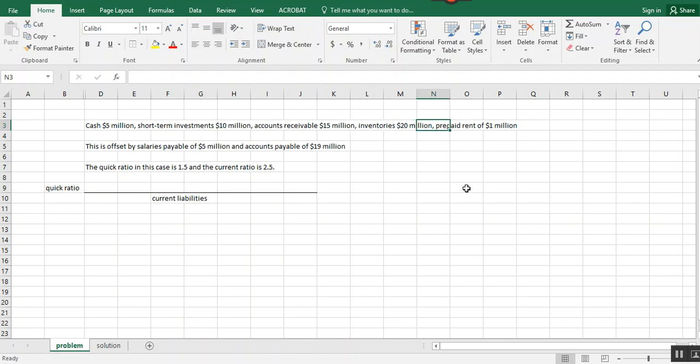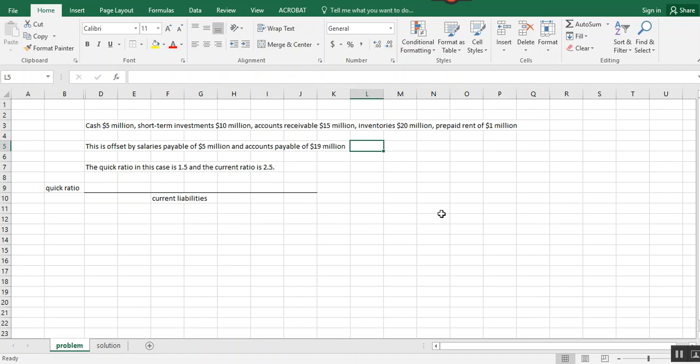And then we have prepaid rent. Any kind of prepaid expense is considered a cash equivalent. So for purposes of the quick ratio, prepaid expenses of any kind are part of what goes in the numerator. Of course, we have salaries payable of $5 million and accounts payable of $19 million.